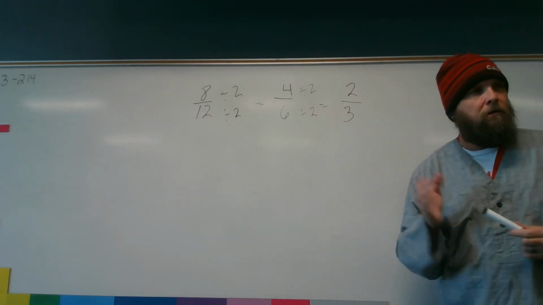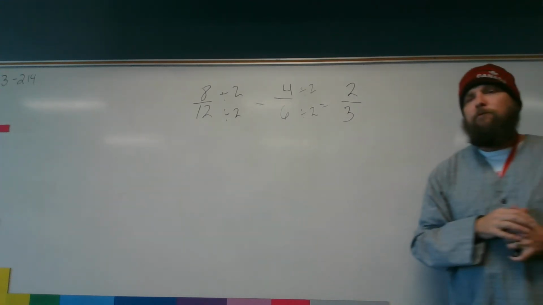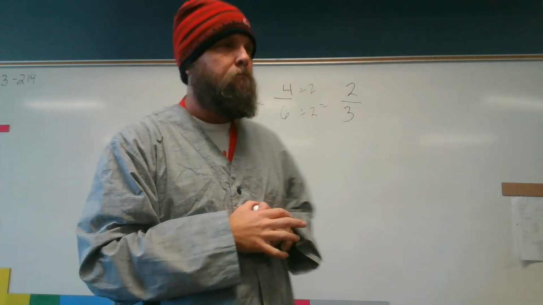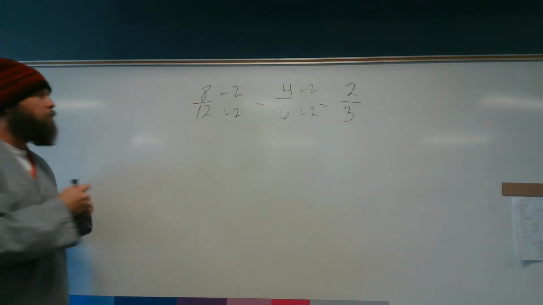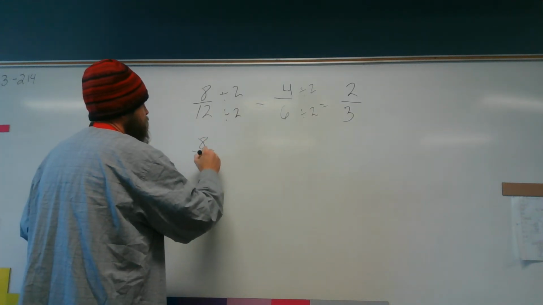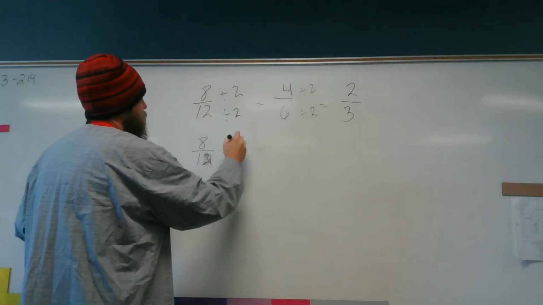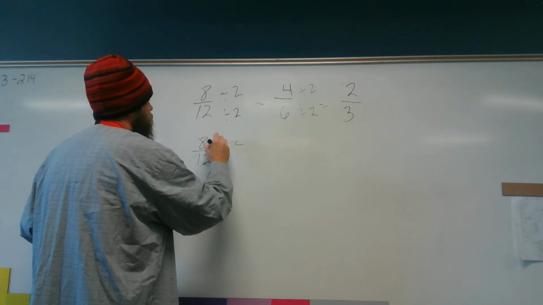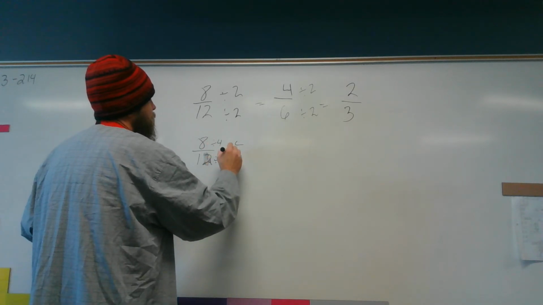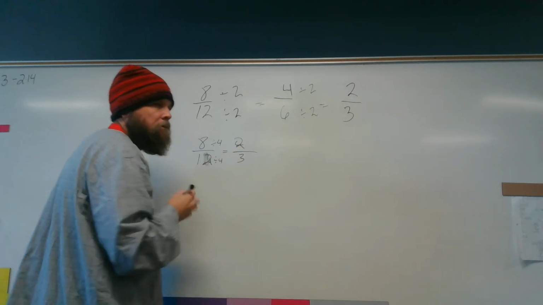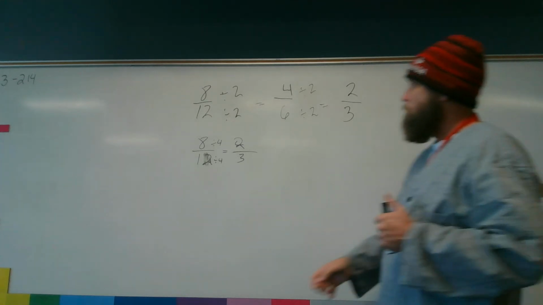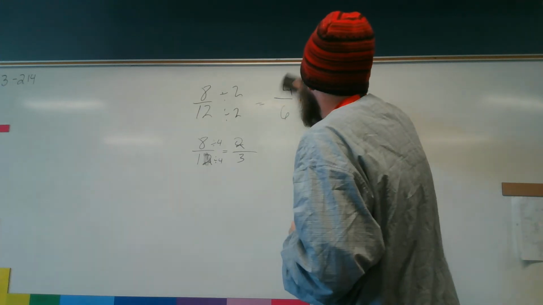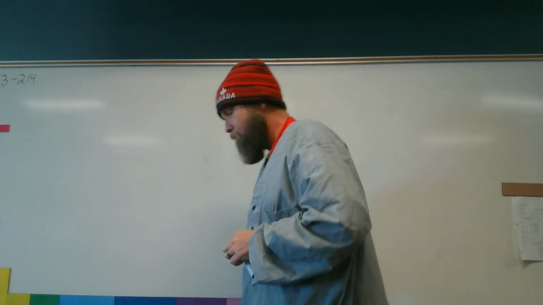Good. 2/3. And that is in simplest form. You could have just divided them both by, the greatest common factor actually is 4. But if you divided it by 4, you're still going to get 2/3. Okay? So again, this was the 2 different ways. So the answer to that one was 2/3.